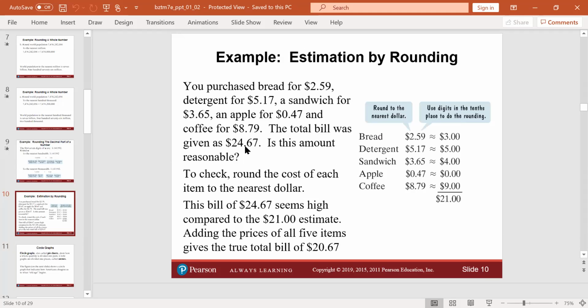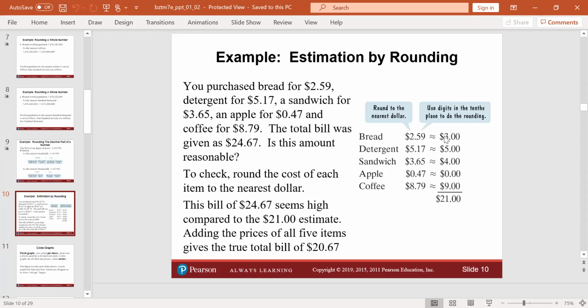One last thing I'll say about this. This can lead to problems. The true total, if you add all these up, was $20.67. Your estimate was $21. So your estimate was high, which if it comes to paying bills, it's better to have a high estimate. So actually, I would have rounded up no matter what to the next dollar.